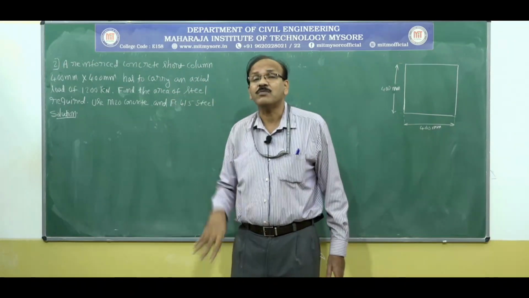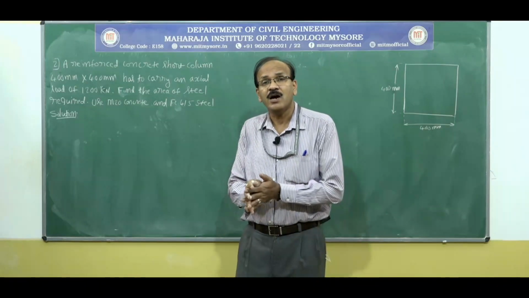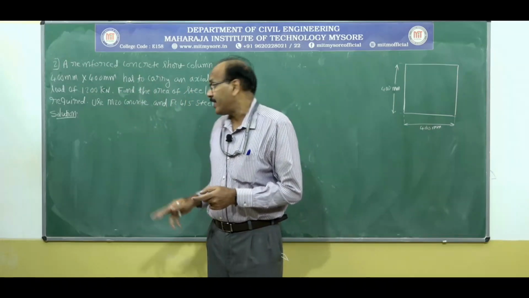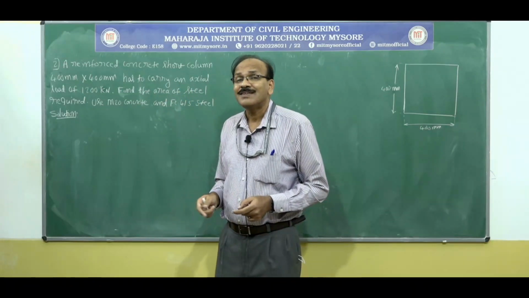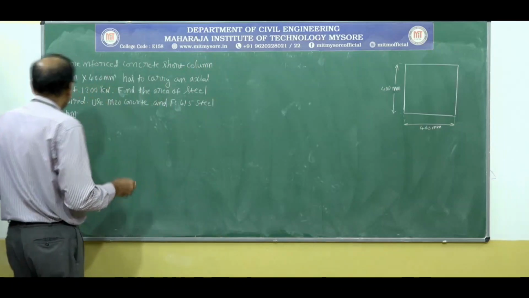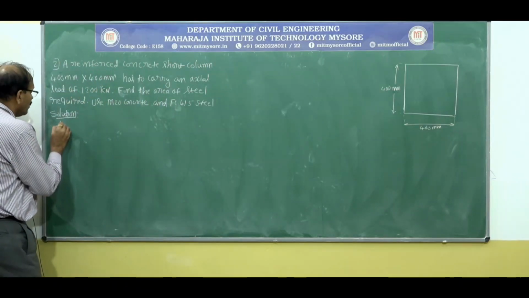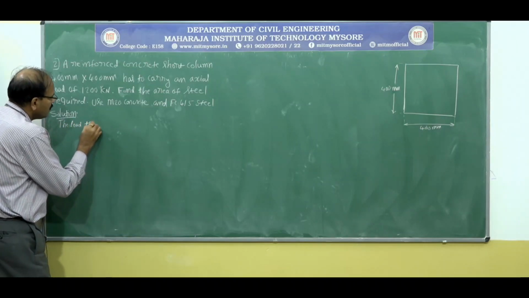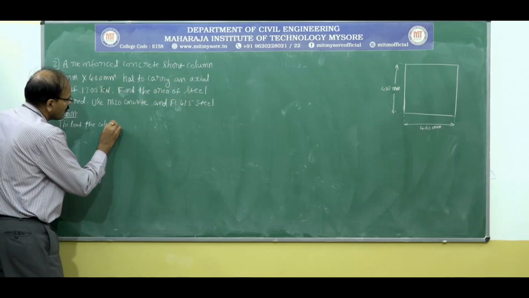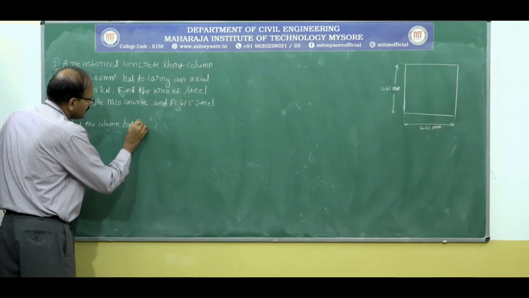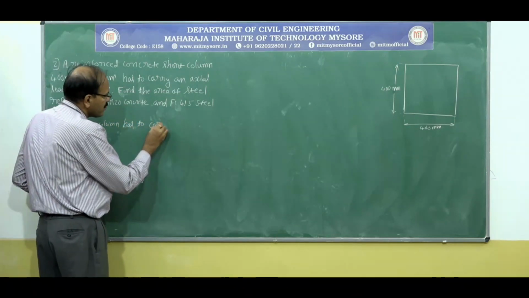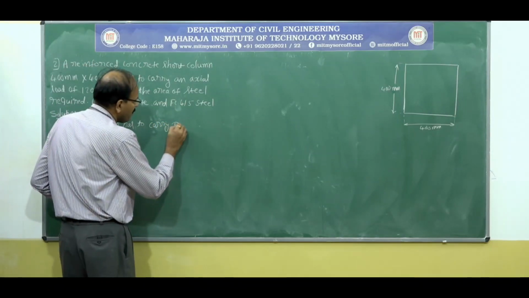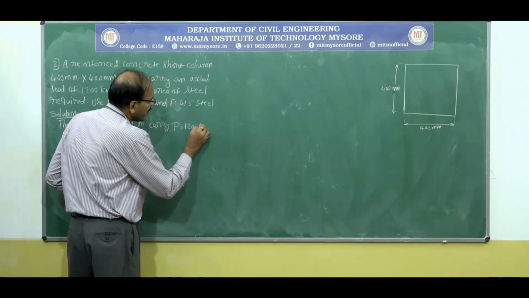Then we can make use of the formula given under 39.3 on page 71. So, what is the load it has to carry? That is 1200 kilonewton. That is the service load. So, the load the column has to carry is P, that is equal to 1200 kilonewton.